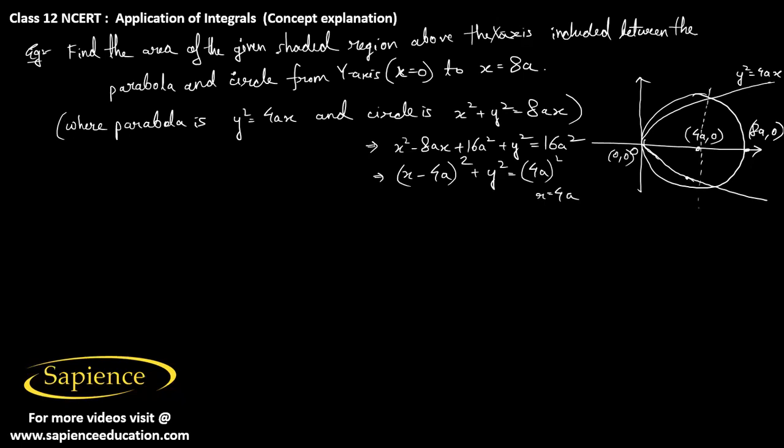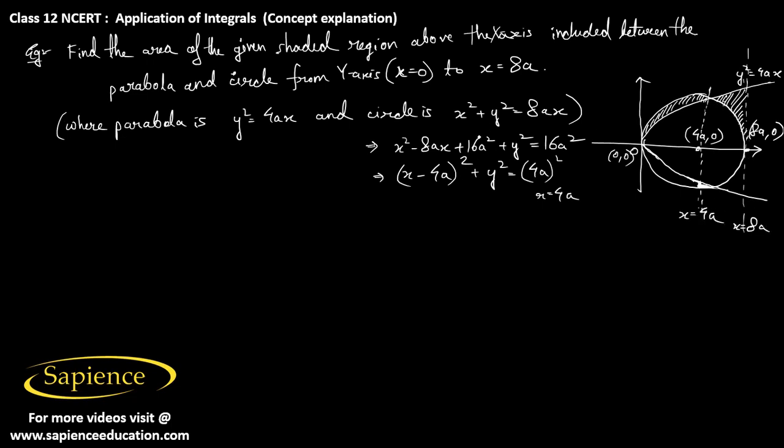So that will intersect at these points. And here we have to find the area of this shaded region, and with that this one also we need to find. So here this straight line is x equal to 8a and this straight line is x equal to 4a.